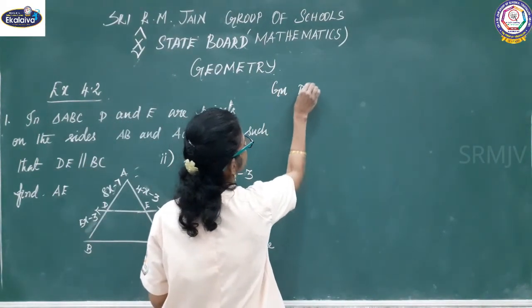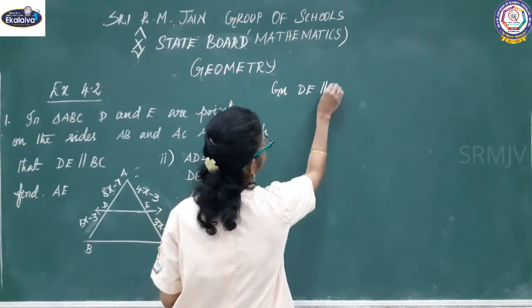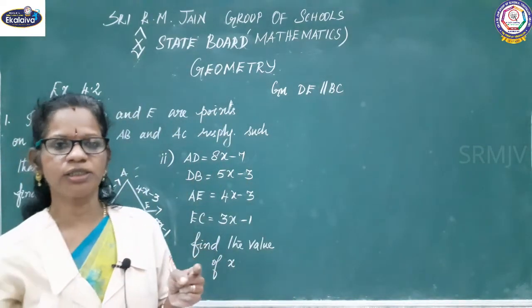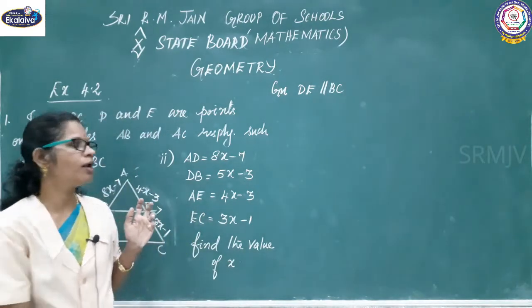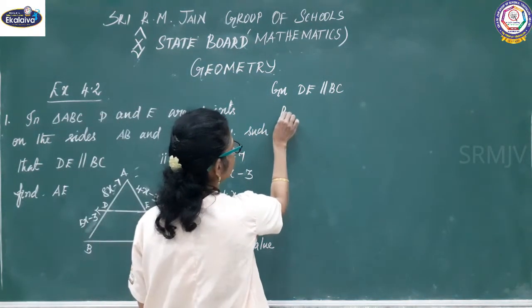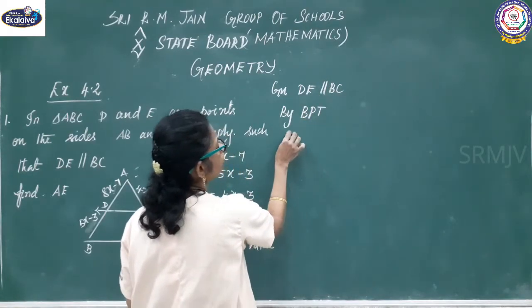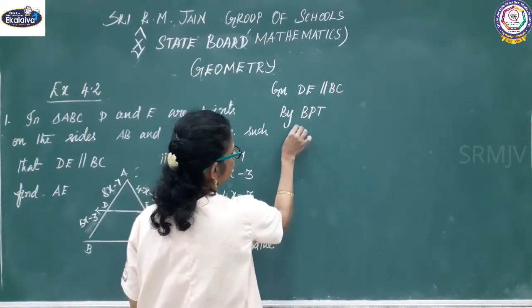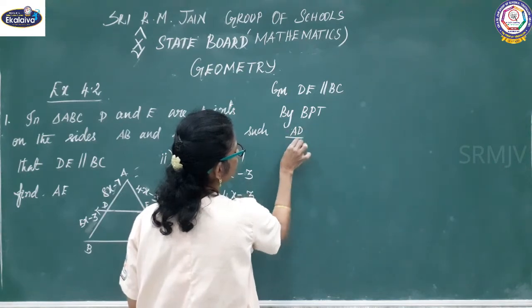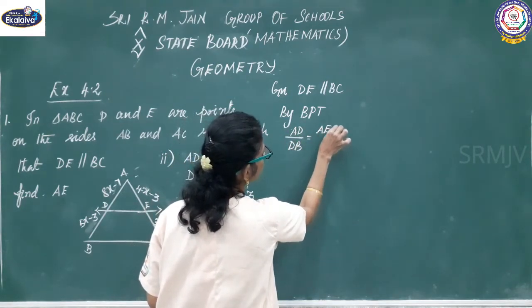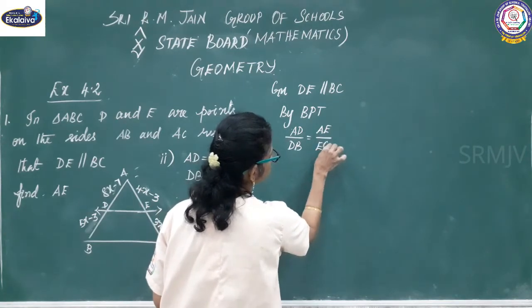Given DE parallel to BC. If a line is parallel, you can say the ratios are equal, right. So, by BPT, how can you say? Using the theorem only you are going to say. By BPT, AD by DB equal to AE by EC.